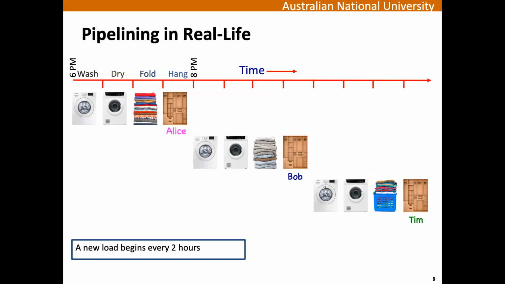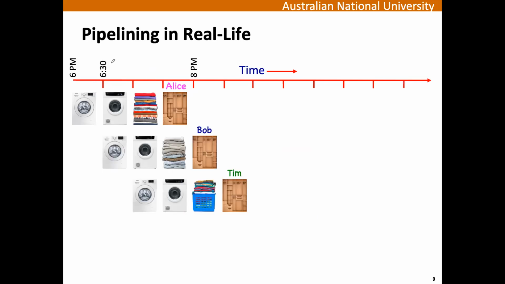You wash, dry, fold, hang. If 3 students want to do laundry and you do sequential laundry, it looks like this. But you have independent resources here. You have a washer, you have a dryer. So what you can do is pipeline laundry.